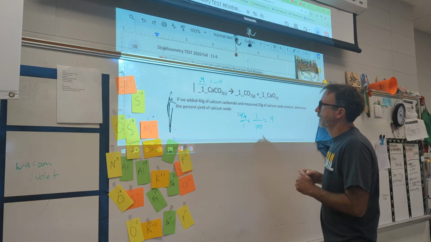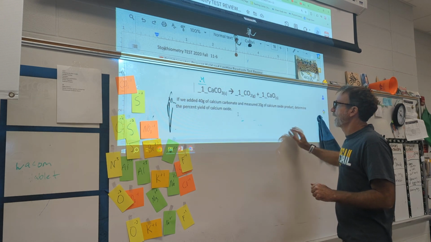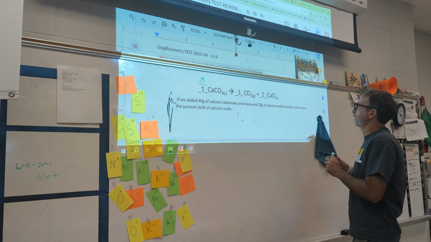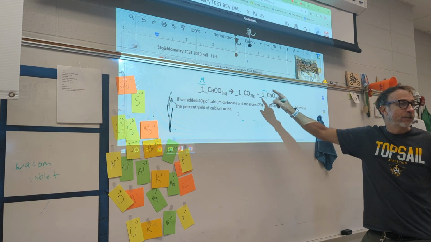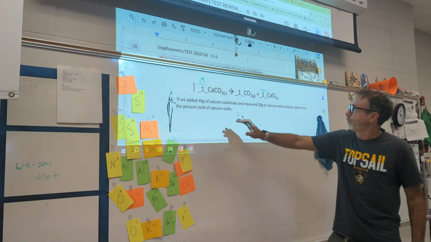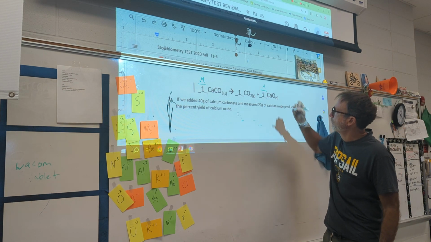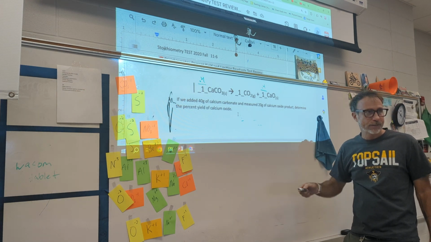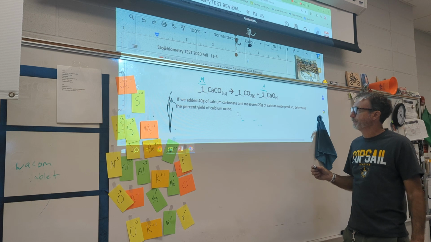0.4 moles, that's our 40 grams of calcium carbonate. And then we made 20 grams of calcium oxide product. Well, first thing we need to do is see how much we should make. Does that make sense? If we have 0.4 moles of this, we should make 0.4 moles of that. Does everybody agree? 0.4 is to 1 as 0.4 is to 1.